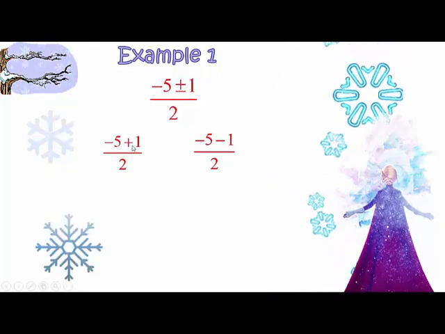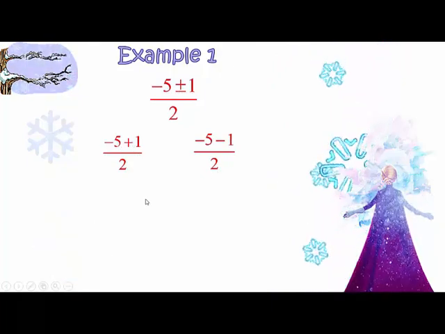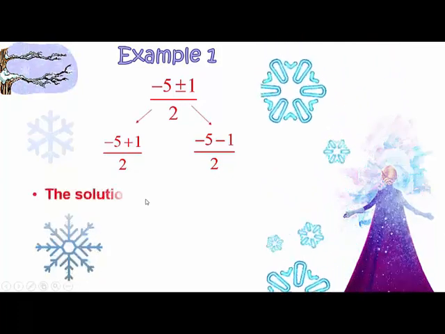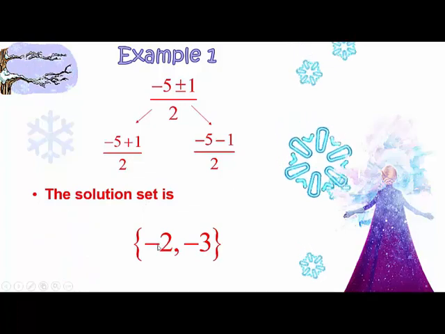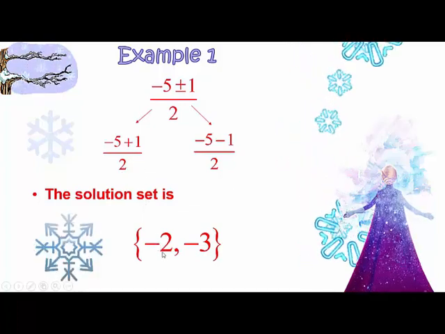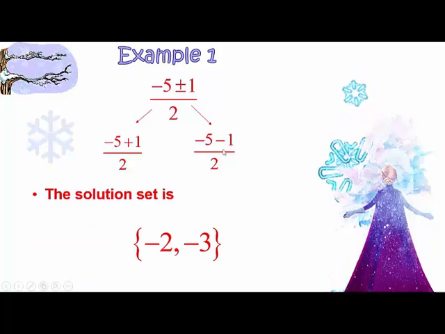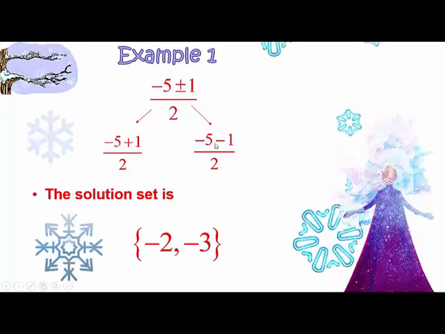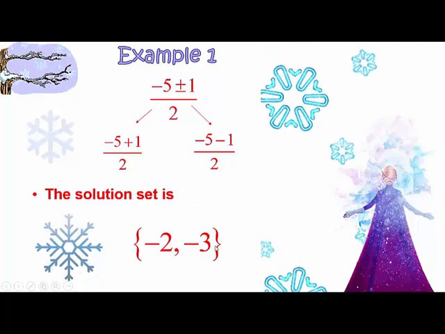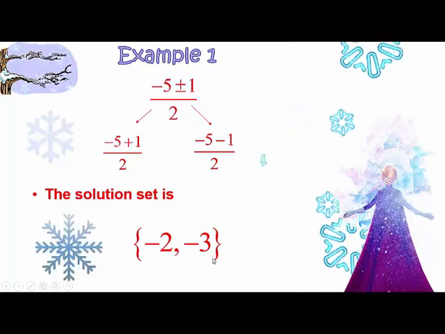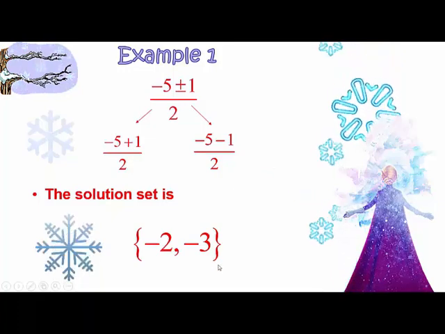Well, negative 5 plus 1 over 2 is negative 4 over 2, and that gives us negative 2. And then negative 5 minus 1 over 2, well, negative 5 minus 1 is negative 6. And then divide negative 6 by 2, and you get negative 3.